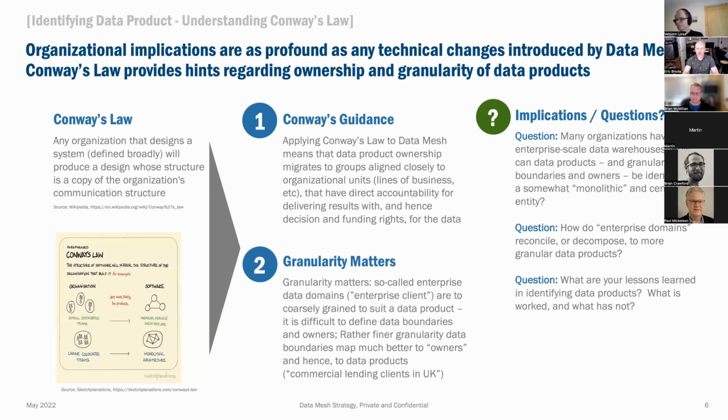So the very first implication is that, as we look at our data products, we should be looking at things that align as closely as possible to our organizational units, or at least where direct accountability, decision rights, and funding rights align. There are some implications to that, especially for bigger enterprise data warehouses, but that's the first guidance that I make in my recommendations to my clients.